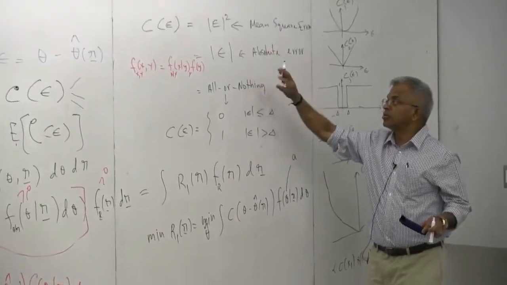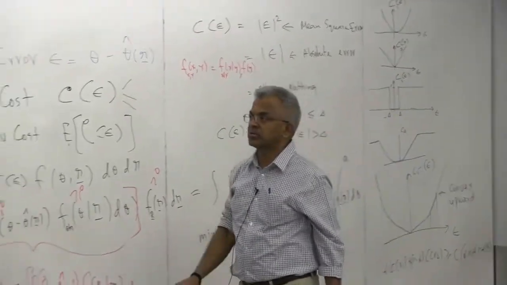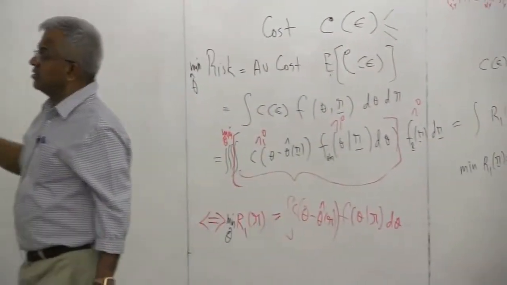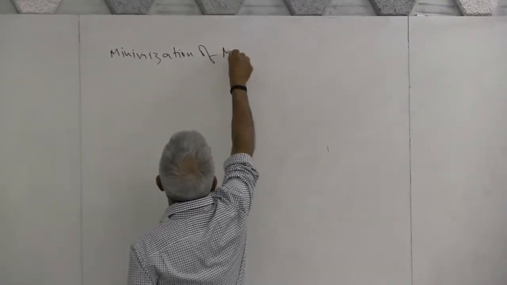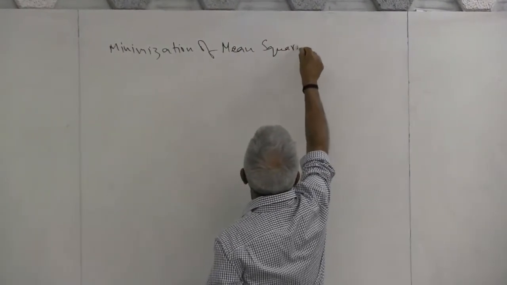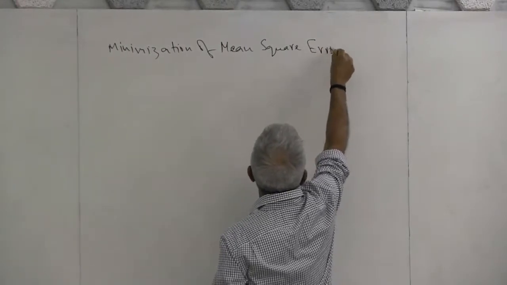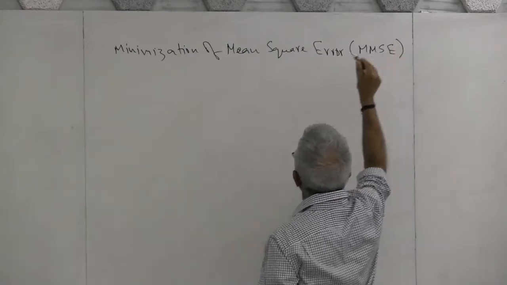Now I am going to use each of these, substitute it and see what happens. So let's take the first criterion. We want to minimize the mean square error. This is known as MMSE.